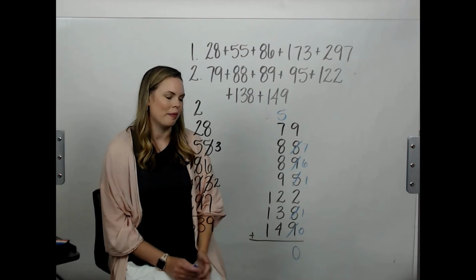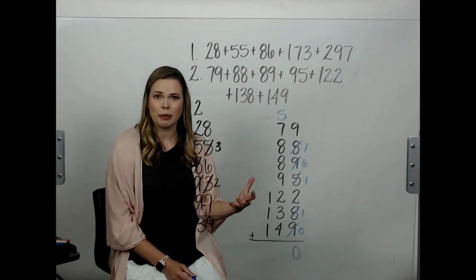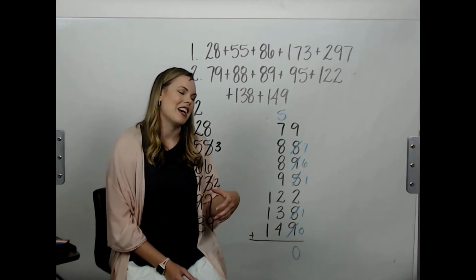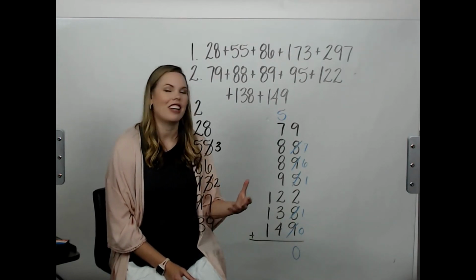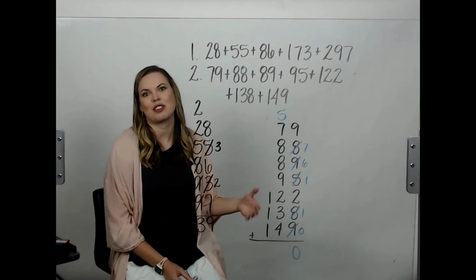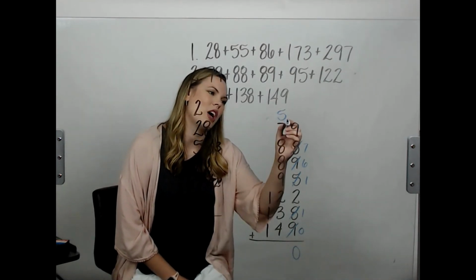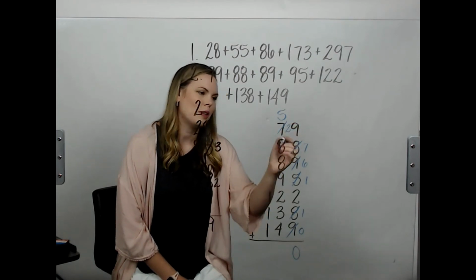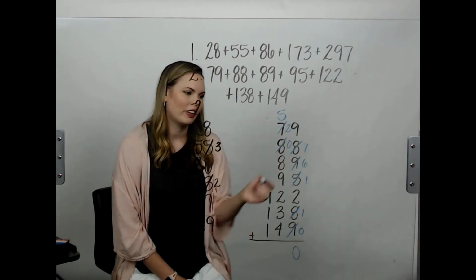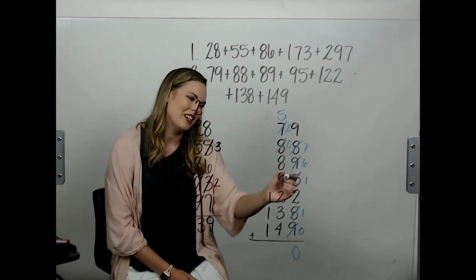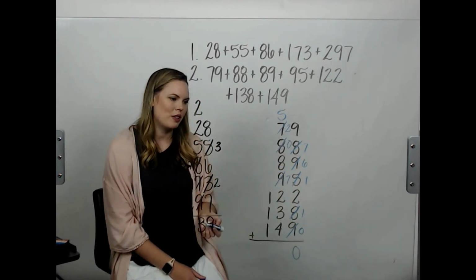So you're always dealing with small numbers. Your numbers never go over 20 for sure. And so that's helpful as well, that you're always adding small numbers. Okay. 5 plus 7 is 12. 2 plus 8 is 10. 0 plus 8 is 8. 8 plus 9 is 17. 7 plus 2 is 9.